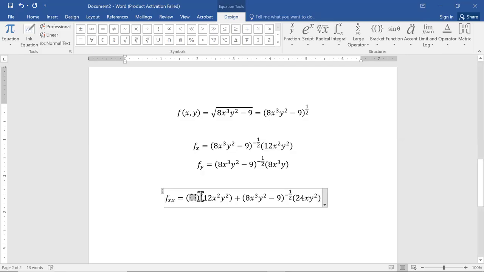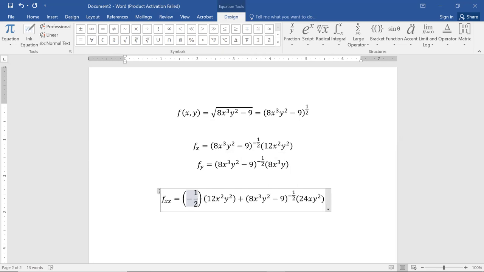Now, what's the derivative of my first part with respect to x? The negative 1/2 is going to come out front. I'm going to get the normal inside function, 8x to the third y squared minus 9.